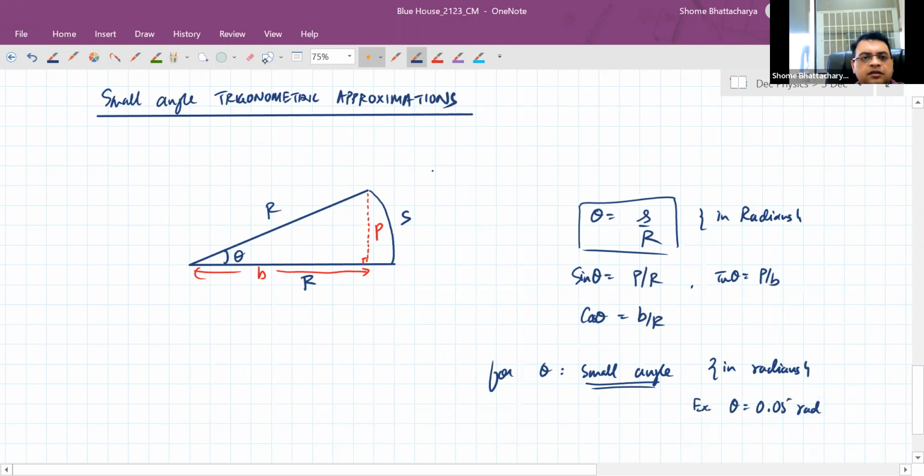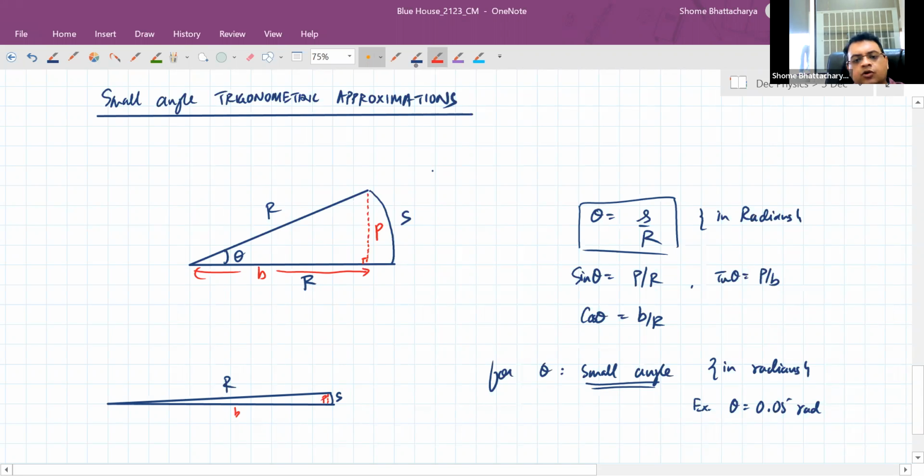Then our diagram starts to look something like this. The angle is very small, so we're looking at a very small arc length in comparison to the radius. So when we drop the perpendicular also, we'll see that the perpendicular is very small in comparison to the base and all that.